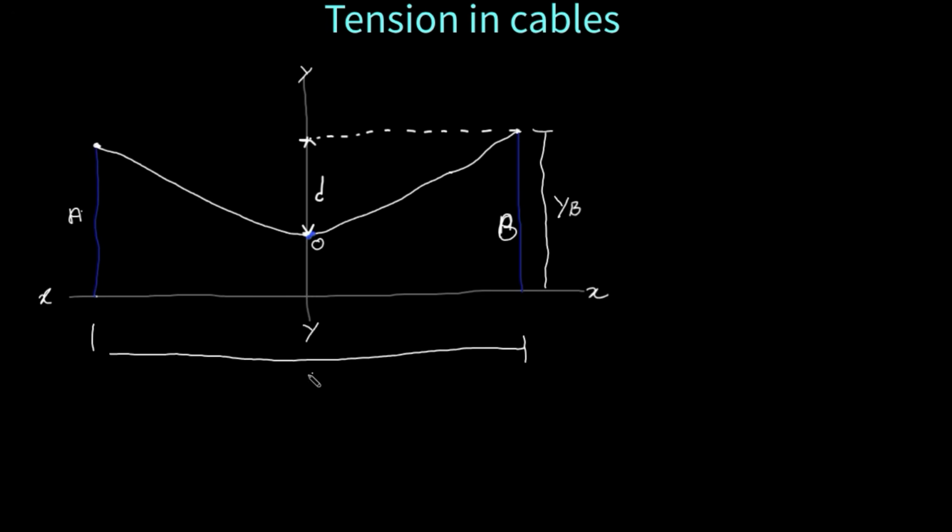The distance between the towers is L. And the distance from the turning point to each tower, from here to here, it's going to be XB because this one is the B side, and then this side is going to be XA.